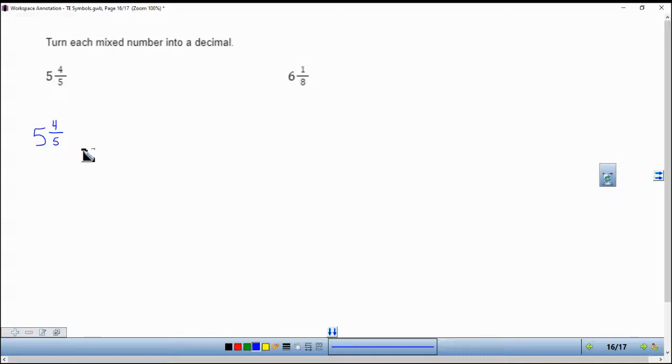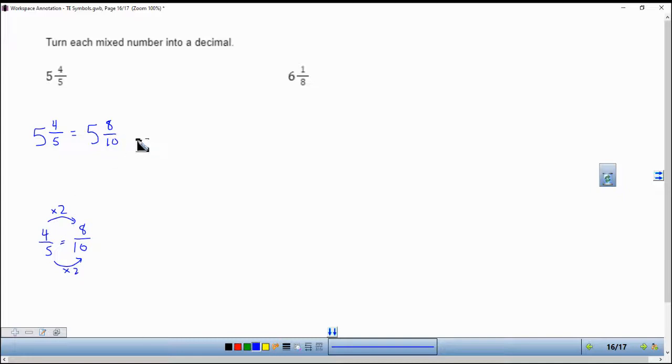So 5 and 4/5 is the same as 5 and 8/10. And I'll show you how I got there. So 4/5, I can get to tenths really easily by multiplying by 2, times 2 here, times 2 here. 4 times 2 is 8. So I saw that I can get to 10 easily.